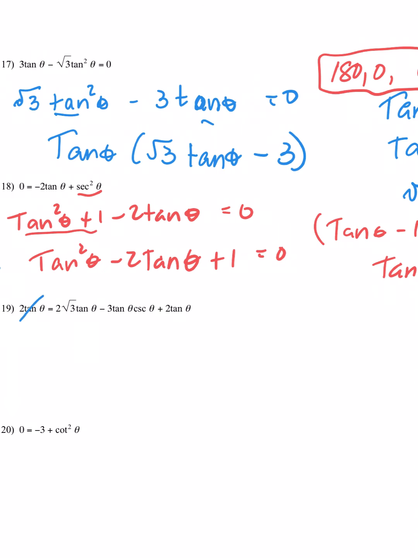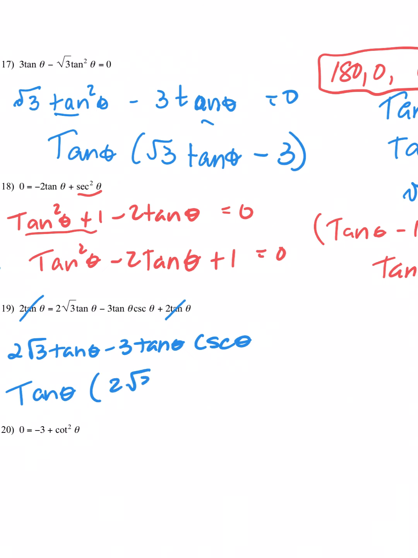Here I see there's a 2 tan of theta on each side, so we're going to cross those out. And then we're going to have 2 root 3 tan of theta minus 3 tan of theta cosecant of theta. And I see there's a tan in common, so pull him out. And I have 2 root 3 minus 3 cosecant of theta.